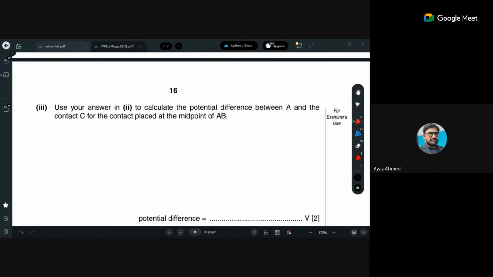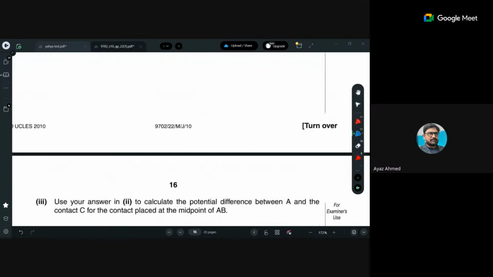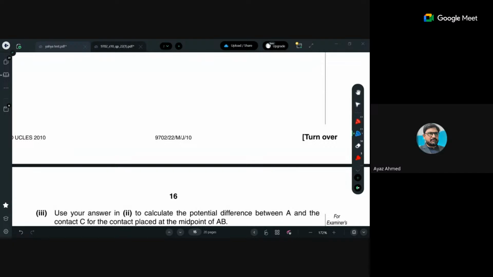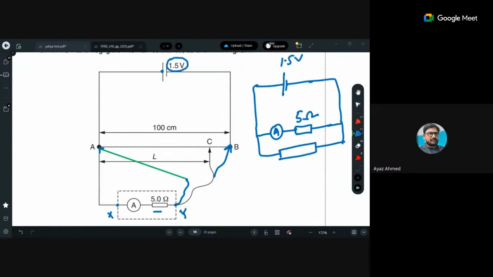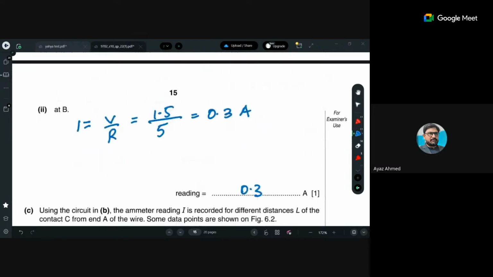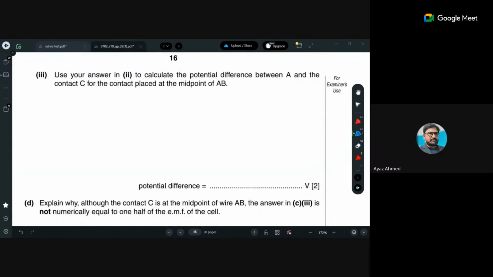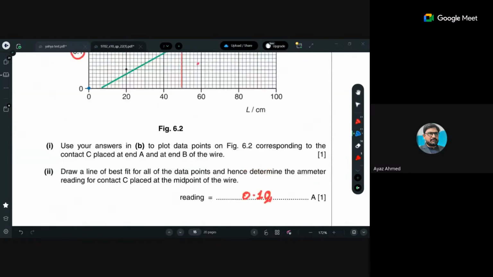So when it is placed at the midpoint of AB, we have to find the potential difference.